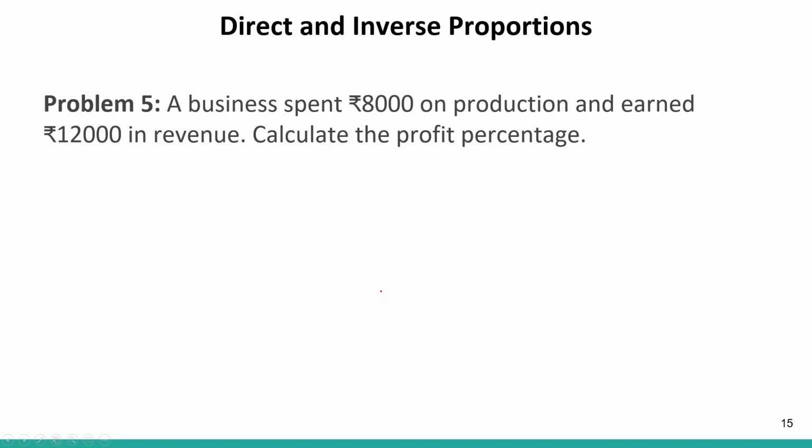Now let's see problem number 5. A business spent 8,000 on production and earned 12,000 in revenue. Calculate the profit percentage. So profit percentage is equal to total profit by initial investment into 100.